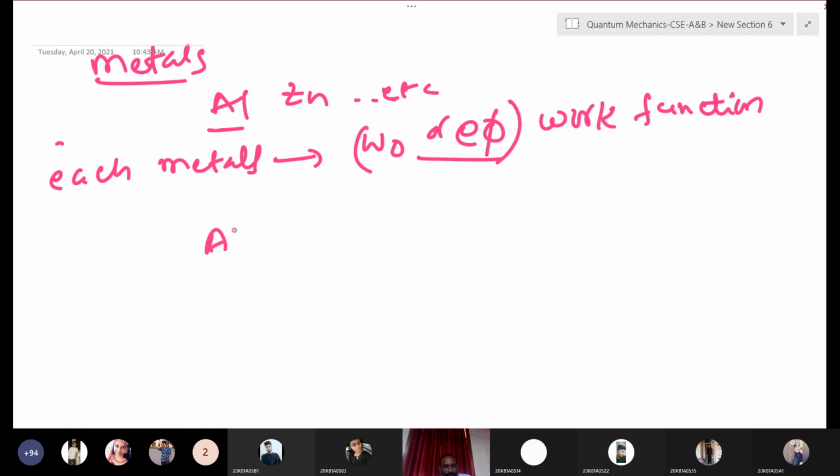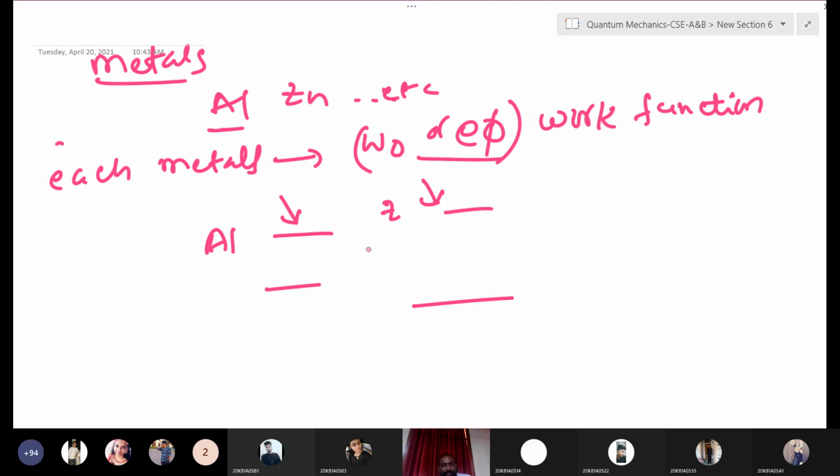If you take aluminum, it has some work function, and zinc has a different work function. Here you may require lesser energy, and there you may require higher energy. It depends on the metal; the work function changes.